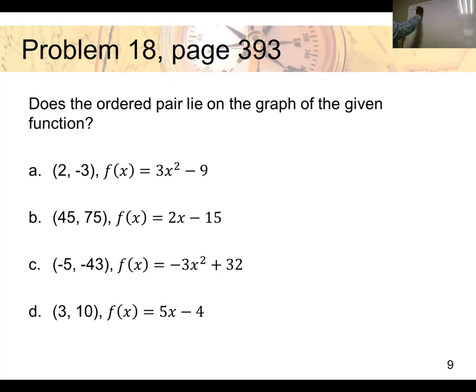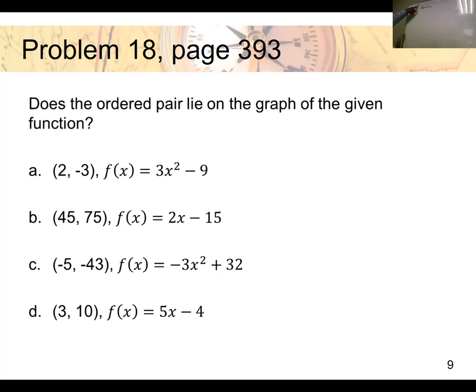We want to know does that ordered pair lie on the graph of this function? f of x equal to 3x squared minus 9. Now keep in mind the x is the first number, the y is the second. So x is 2 and y is -3. In this case, they're using f of x. So this will be f of x at -3, and your 2 will be x. So just substitute into this function.